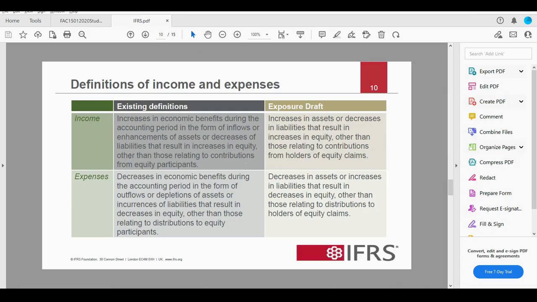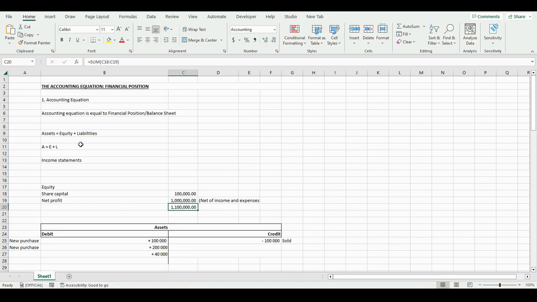Okay, we have looked at assets, we have looked at liabilities, we have looked at equity. Now I want us to move on to income and expenses. Remember, this will all filter into your accounting equation. Assets equals equity and liabilities. And remember, I said your equity is where your income and your expenses will go to eventually.